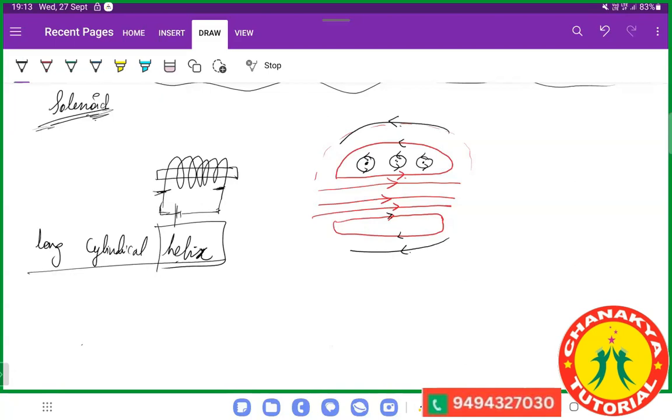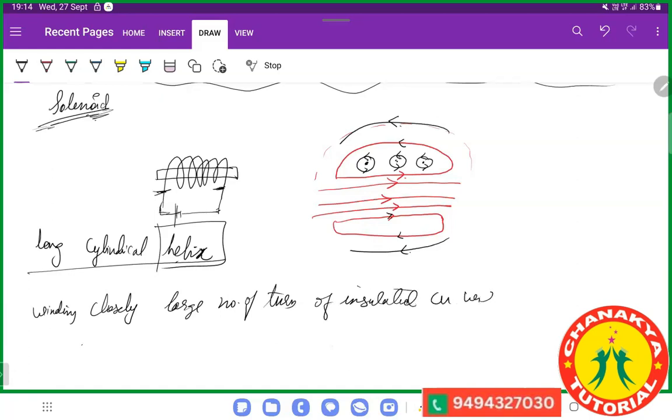Now the solenoid is made simply by winding closely a large number of turns of insulated copper wire over an insulator, any type of insulator, let it be cardboard or china clay or whatever.